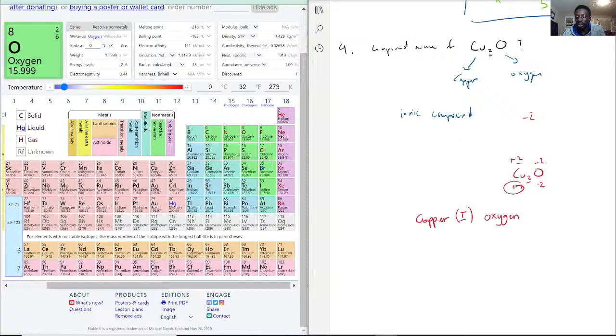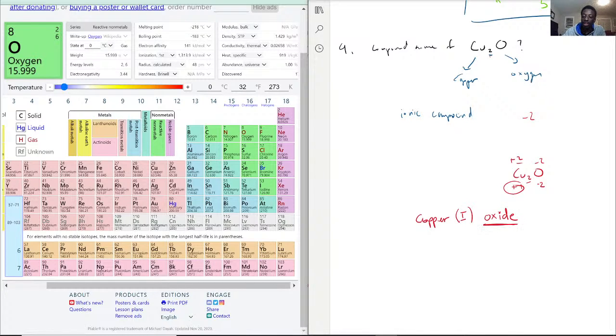But we're not done yet, okay? When you're naming most molecular compounds that have a cation and anion, the ending of the anion has to be fixed. We don't say oxygen. We replace the ending with oxide, okay?